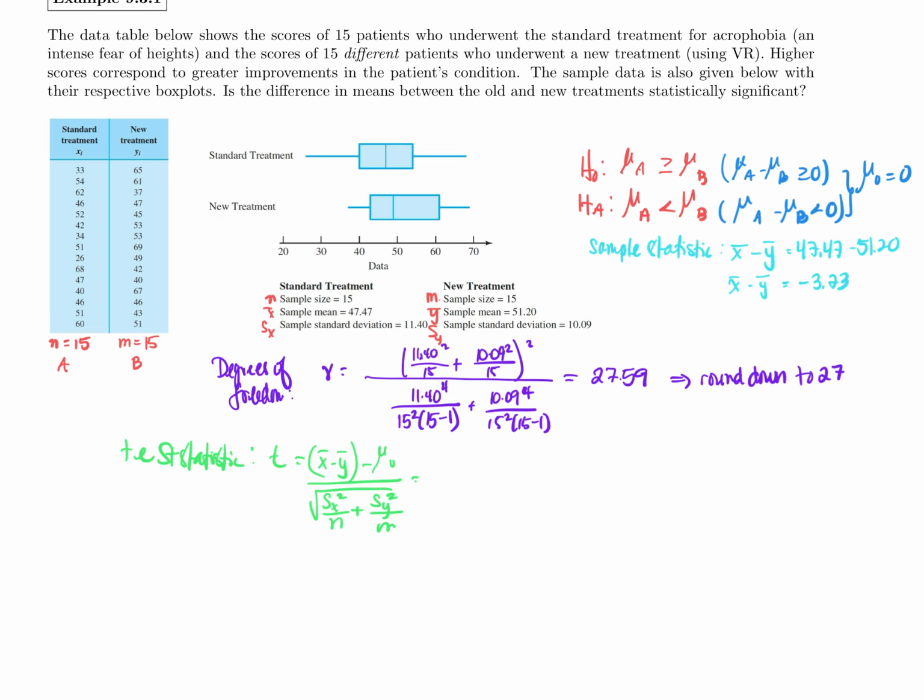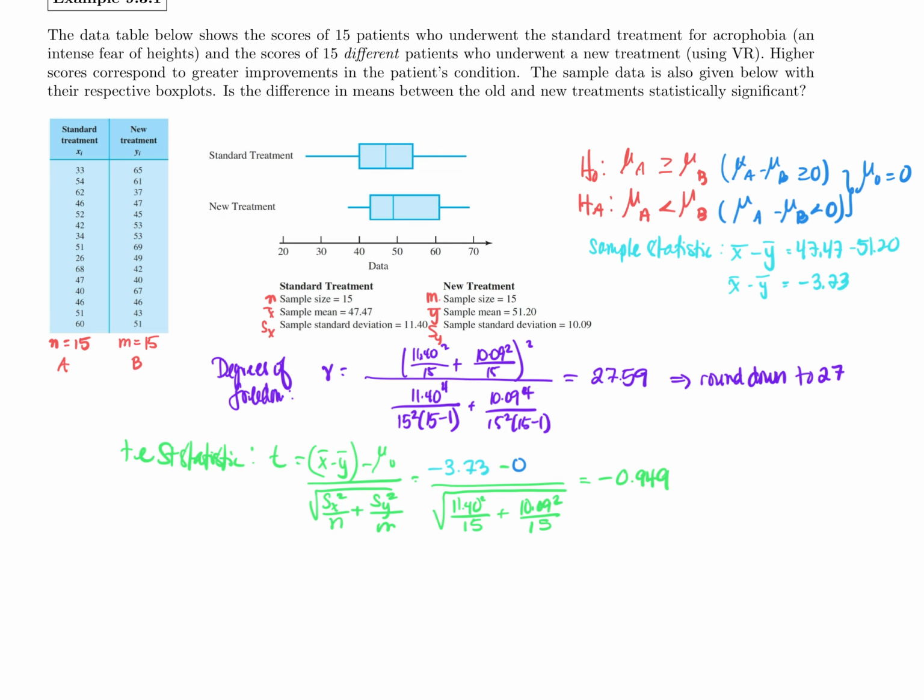So in this case, we got a negative 3.73, minus, well, mu naught is just 0. And we're going to divide it by the square root of, let's see, s sub x is 11.4. So 11.40 squared over 15 plus our y was 10.09 squared over 15. And when we add all of this up, we get a test statistic t of negative 0.949.